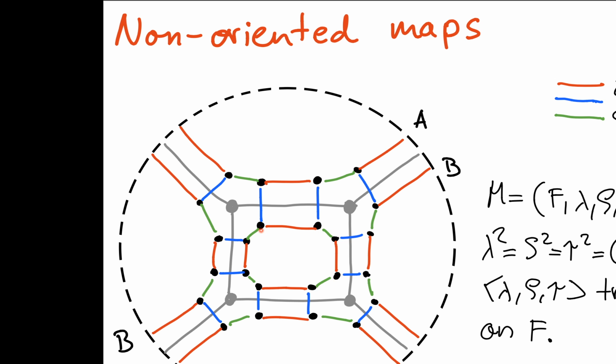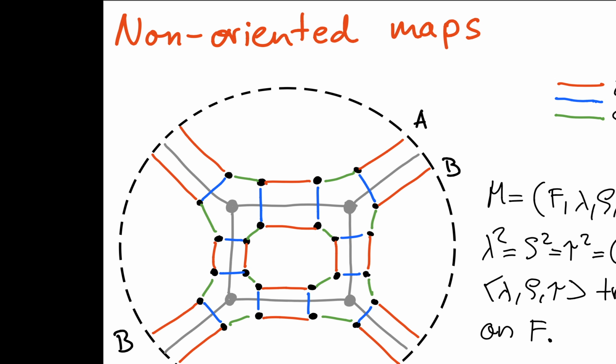And these triangles are called flags. So in general, a map is defined like a four tuple, which is a set of flags, and three involutions, which satisfy this property. Again, we want it to be transitive, because we want the map to be connected. So of course the maps on orientable surfaces can be represented in this way, but this is slightly more complicated.